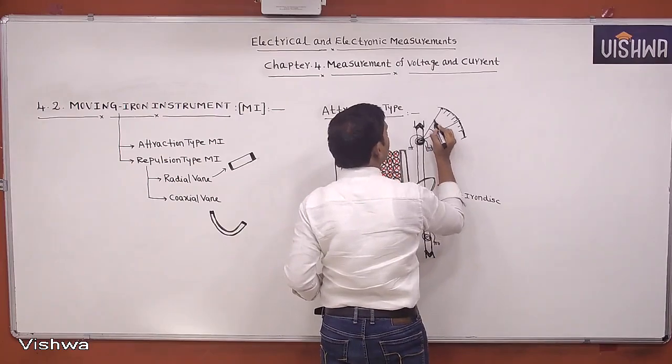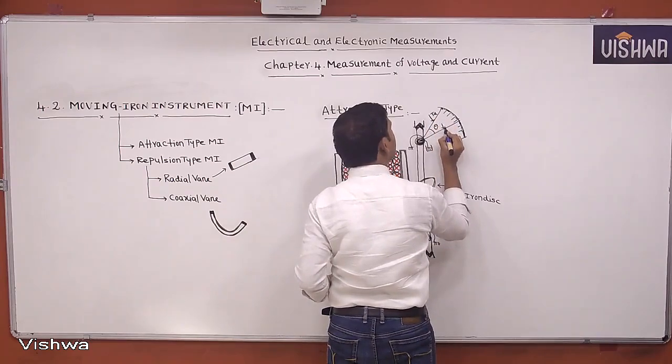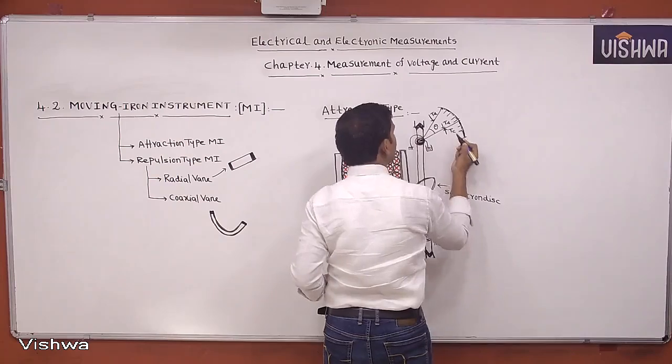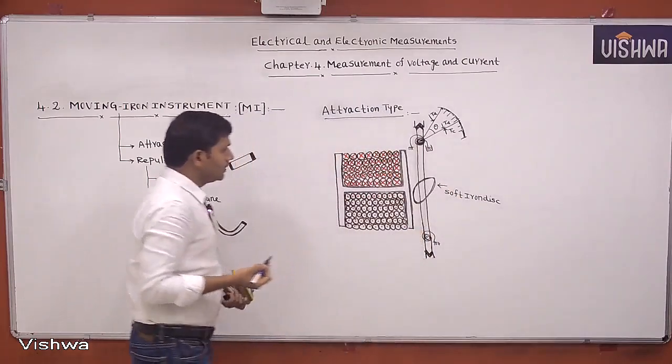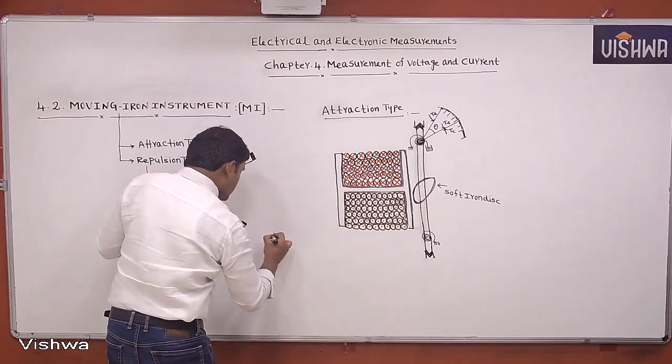This theta, this is the deflecting torque. Whenever the deflecting torque equals the controlling torque, the pointer comes to steady state. This total mechanism is put in this box.